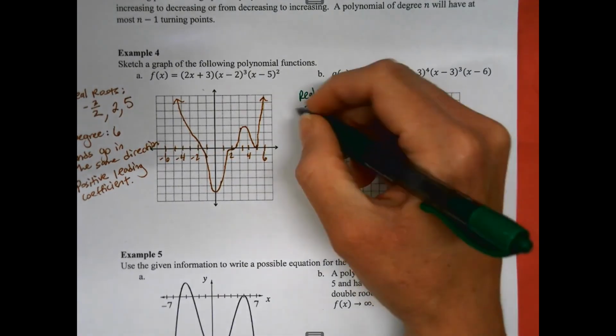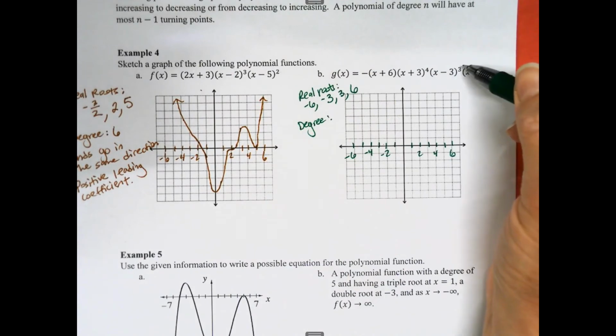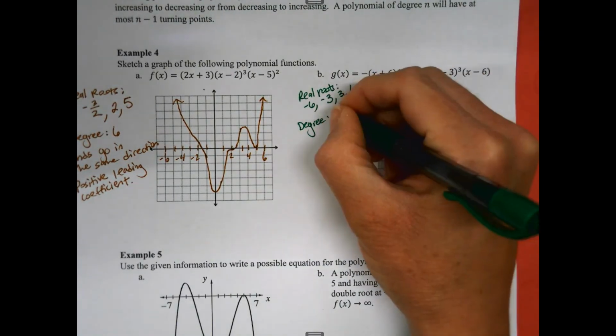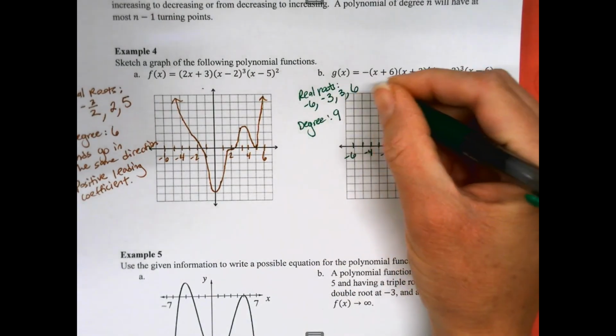Our degree is 9, and it is negative oriented.